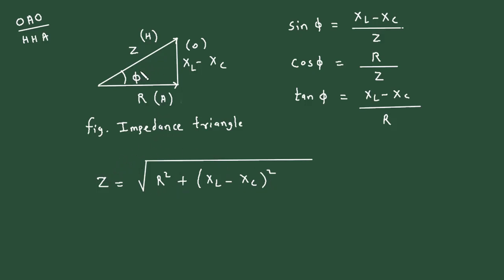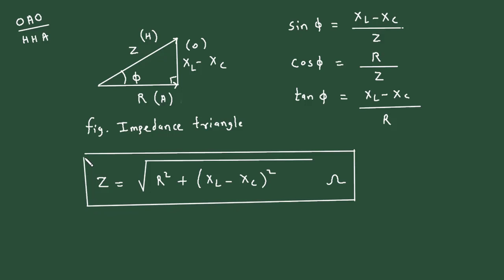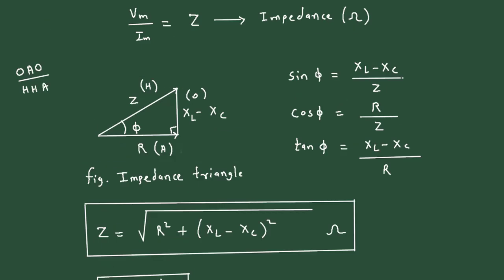This is according to Pythagoras theorem for a right angle triangle; this is a right angle triangle, so here this will be 90 degrees. The unit of impedance will be ohm. This is also the formula for impedance, and also Z is equal to Vm by Im.